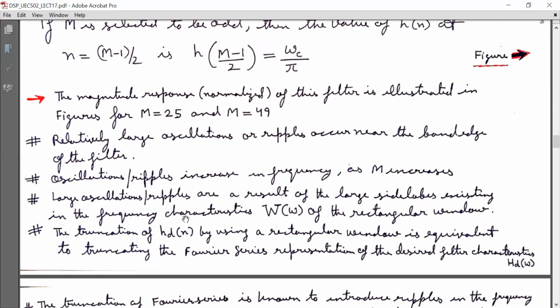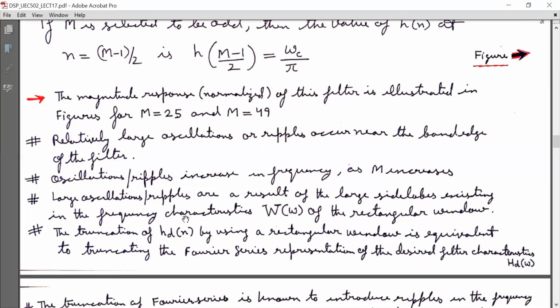Here, relatively large oscillations or ripples occur near the band edge of the filter. The ripples increase in frequency as M increases. Large oscillations or ripples are a result of large side lobes existing in the frequency characteristics W(ω) of the rectangular window.